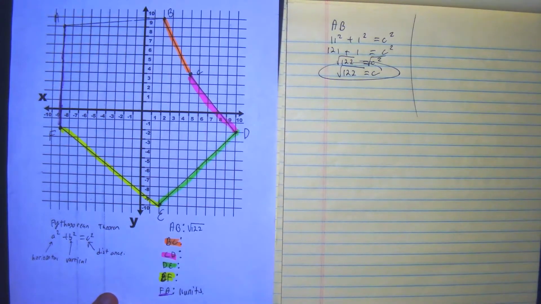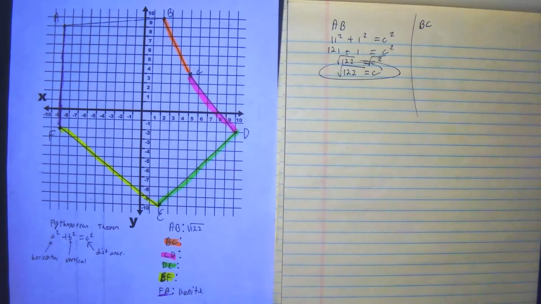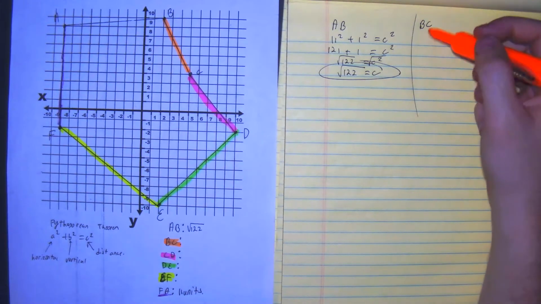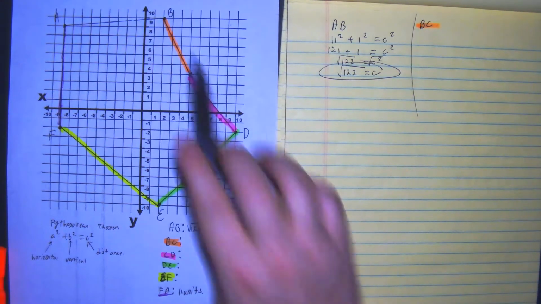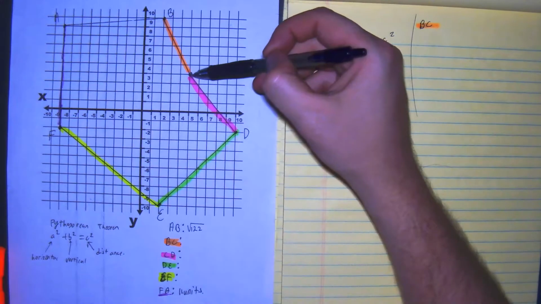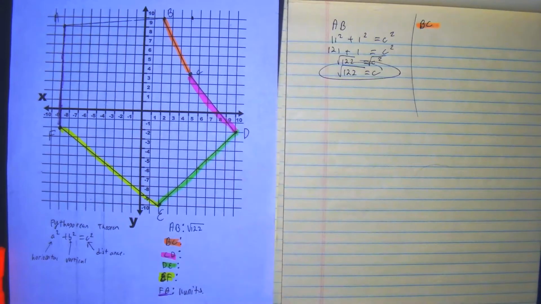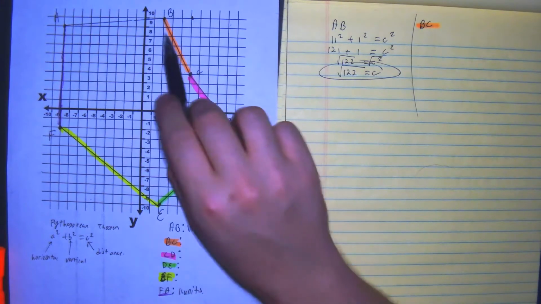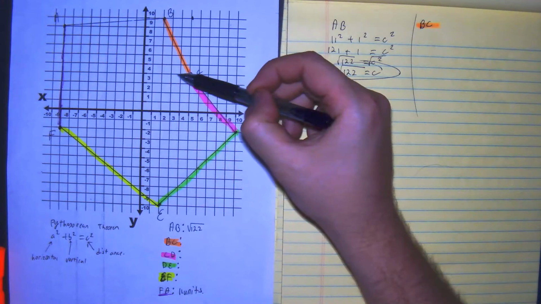Our next one we're going to work on is BC. BC is our orange line. So I'm going to move from B all the way to this point for our horizontal, for our A. 0, 1, 2, 3.